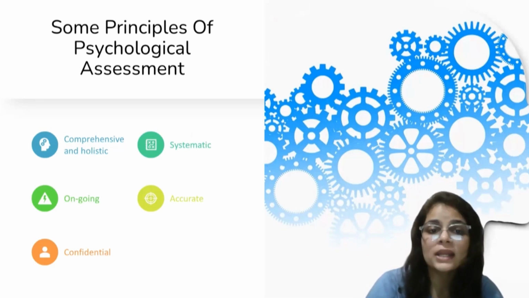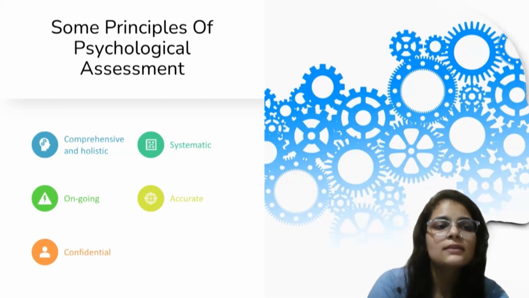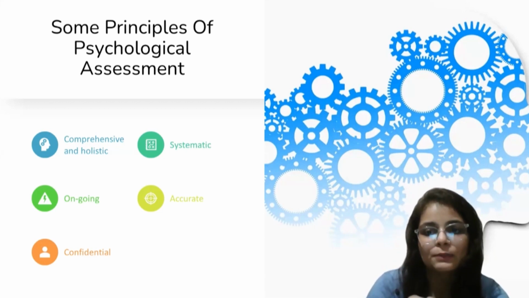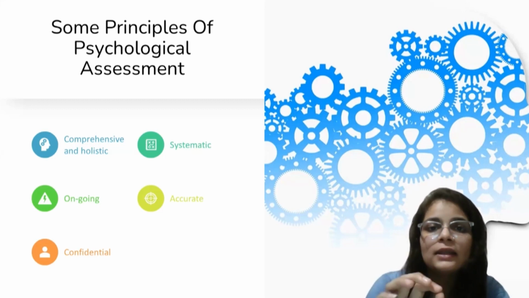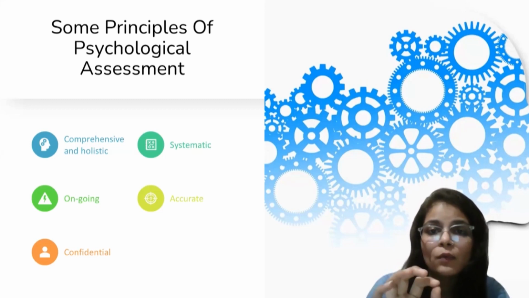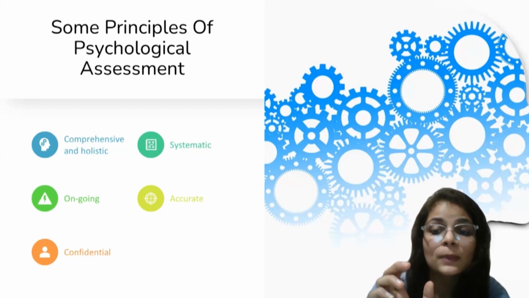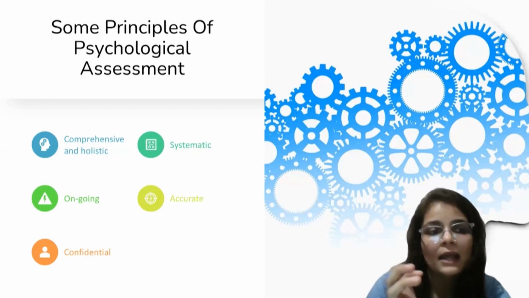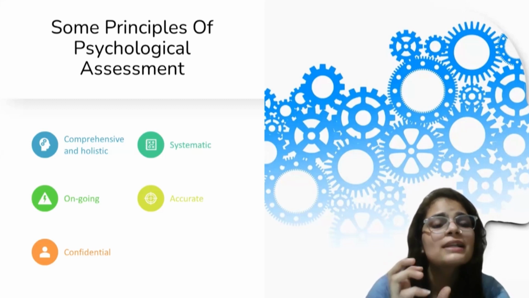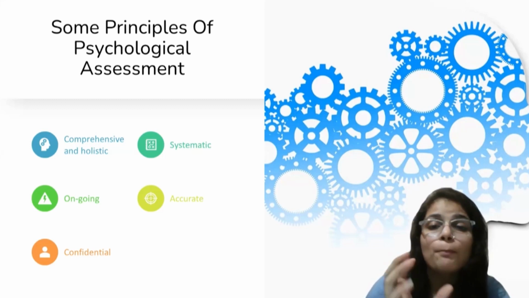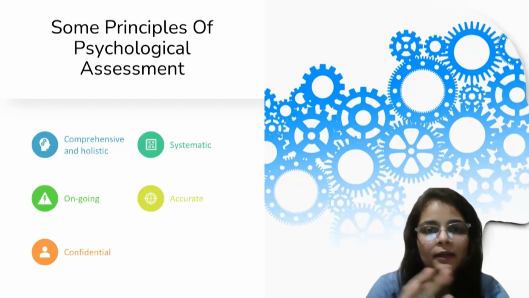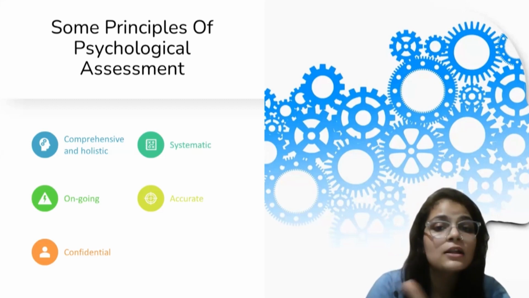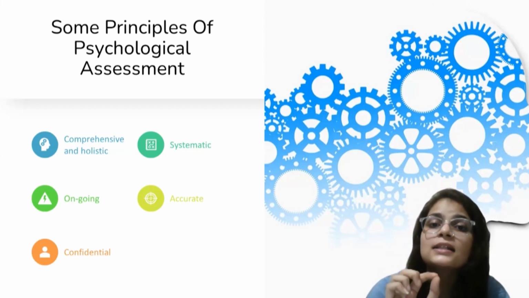So what do we understand by comprehensive and holistic? The word comprehensive can be understood as including all of the aspects of a psychological assessment. If you are assessing the personality of an individual using a psychological assessment, it should include all the aspects of the personality. A holistic approach is characterized by the belief that the parts of a thing are interconnected, and it cannot be understood unless it is considered as a whole.